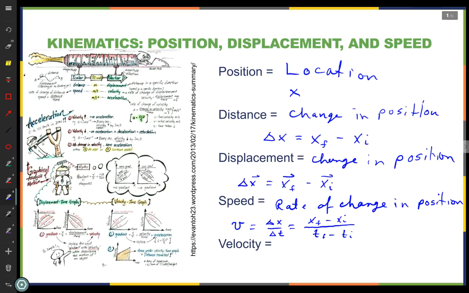So that's the speed. Now I'm going to introduce right here an important concept: instantaneous versus average. For the average speed, you just take the total distance covered divided by the total time it took. The instantaneous speed is trying to squeeze that down to an instant in time.